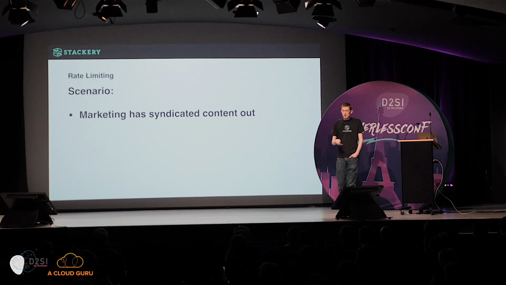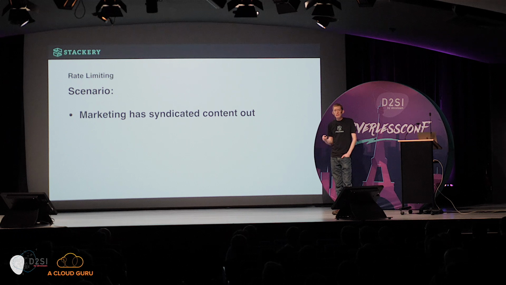Again, we'll start with a simple scenario. Your marketing department has syndicated out a bunch of content. They do a great job of this. And now they want to evaluate how their content is ranking out in the real world.